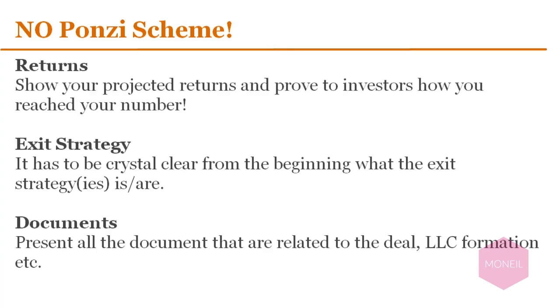So you want to really make sure that you are able to show your projections, the whole property brochure, the whole exit strategy of your investment, and all the documents pertaining to the formation of the LLC, the title, all those have to be put together.